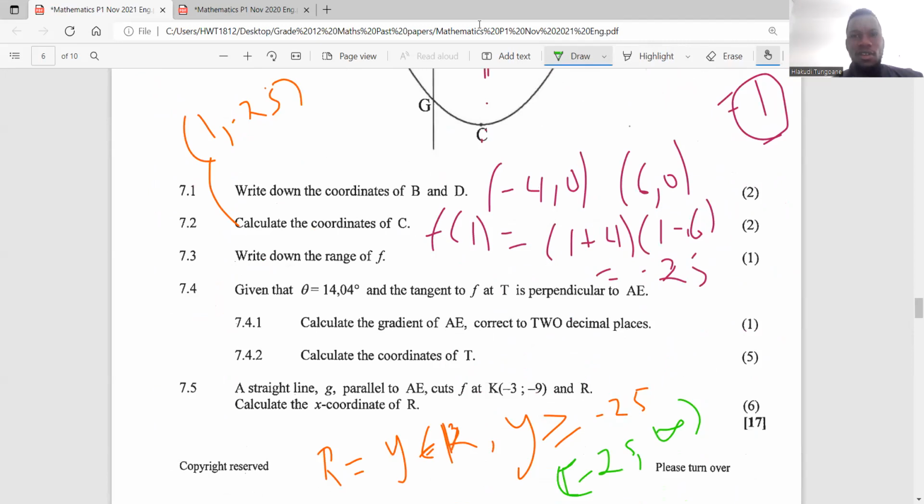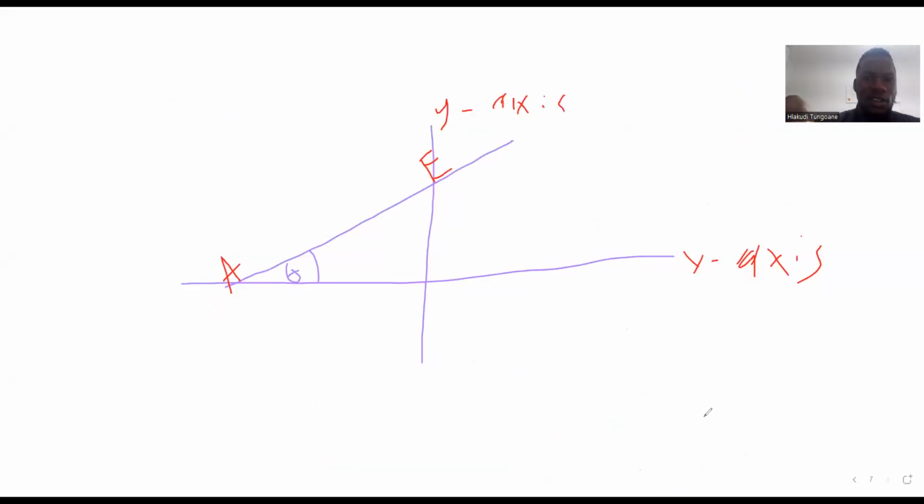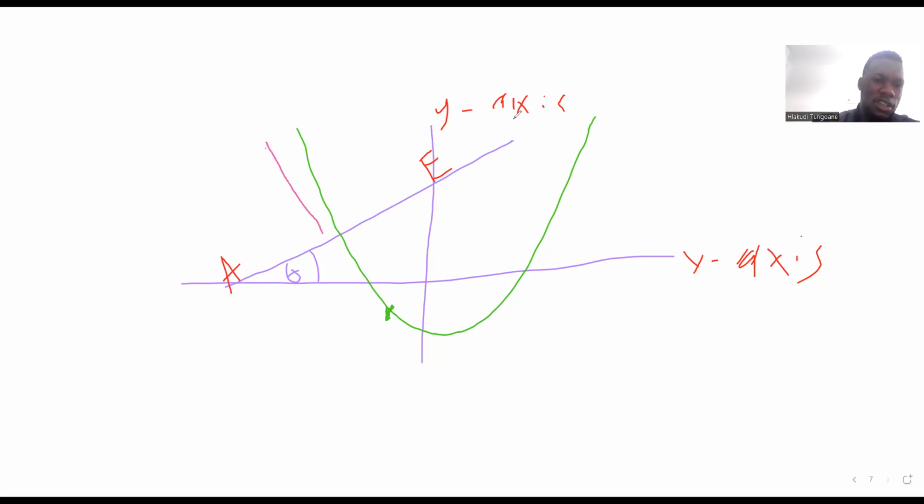So then you had some function here, that's fine. And then you had some point T here, right? So they told you that there's some tangent that you don't know that is touching this graph, right? So somehow it's perpendicular, so let's assume the tangent touches this graph here, right?